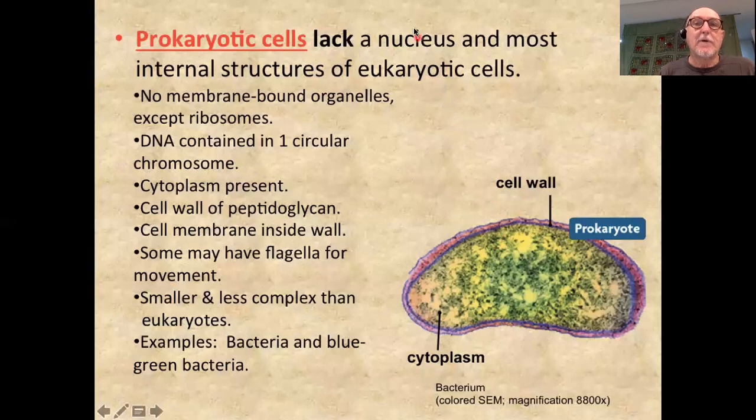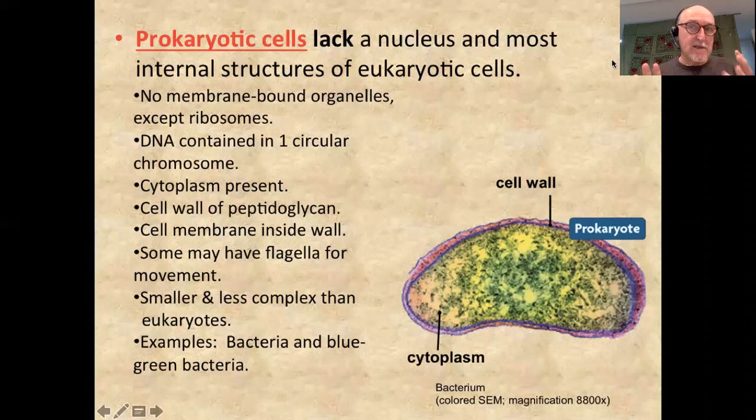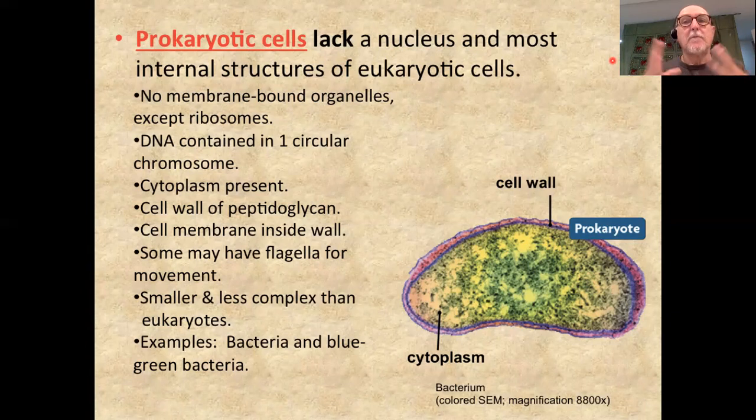So first of all, remember that bacteria fall into the group known as the prokaryotes. They share this characteristic with another group called the archaea that we don't talk about very much. Prokaryote cells lack a nucleus, and they have very little internal structure.